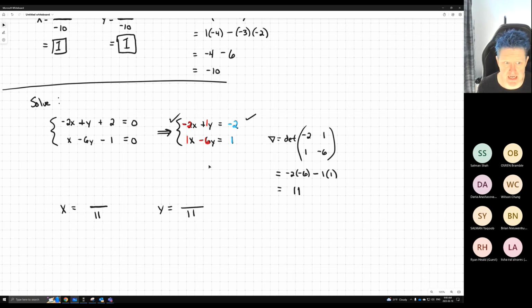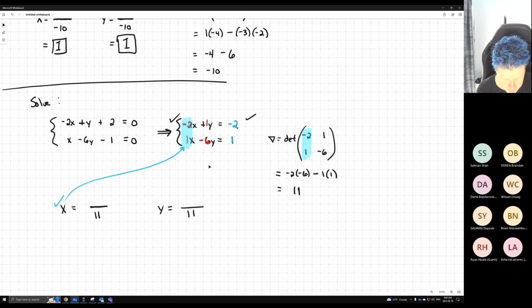Next, I have to find the numerators. In order to find the numerators, I have to start with one of my variables. I'm going to start with x. I look up and see what my x coefficients are. Those are my x coefficients, which correspond to these two. So I'm going to erase those.